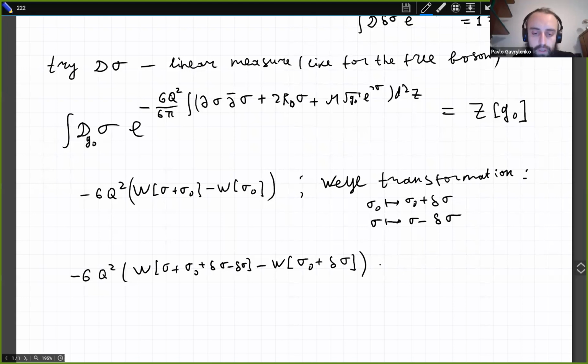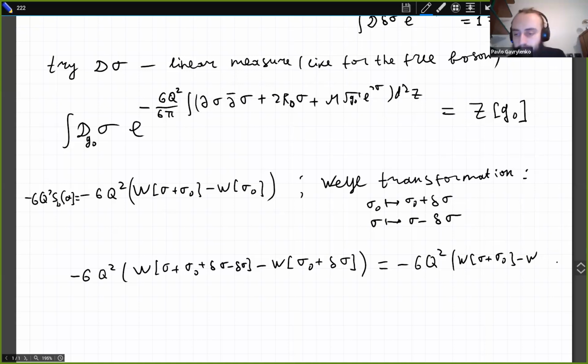So in total, it can be written as the original expression, 2 squared w of sigma plus sigma zero minus w of, that is minus 6q squared as Liouville of sigma, minus w of sigma zero, plus 6q squared w of sigma zero plus delta sigma, minus w of sigma zero.